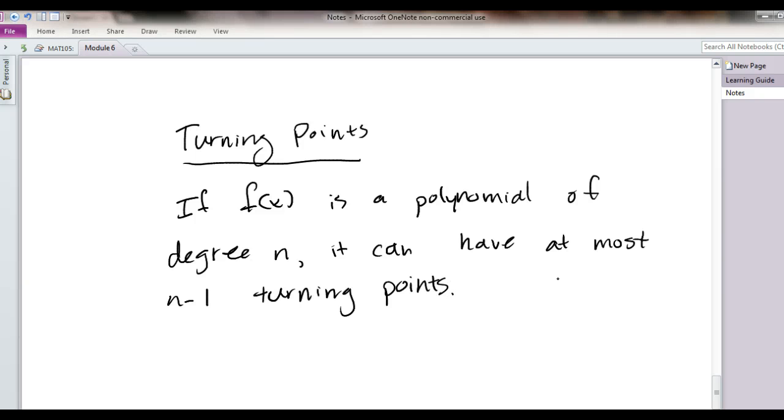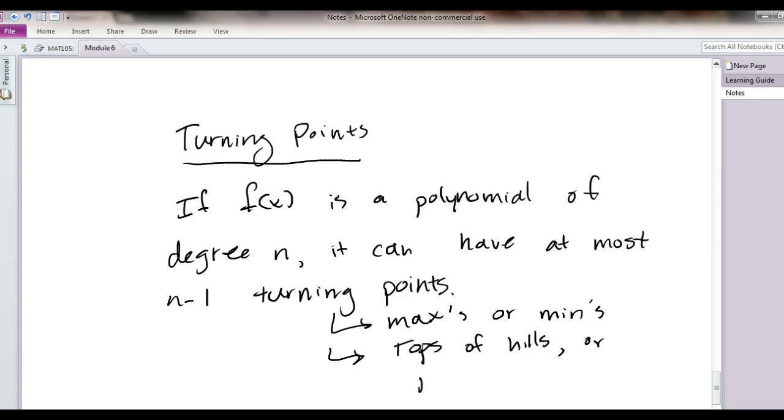And turning points, again, remember these are maxes or mins, or graphically, tops of hills or bottoms of valleys.